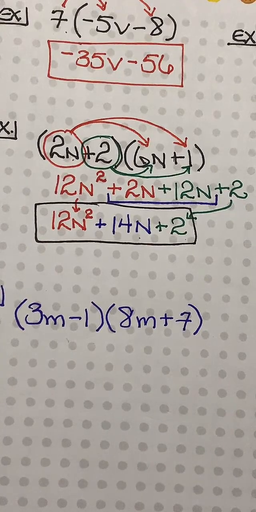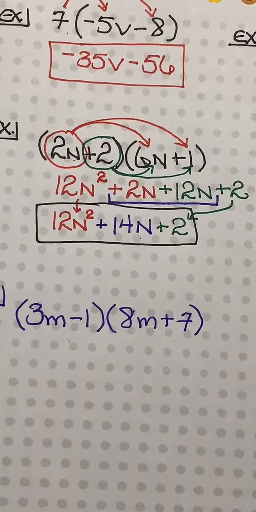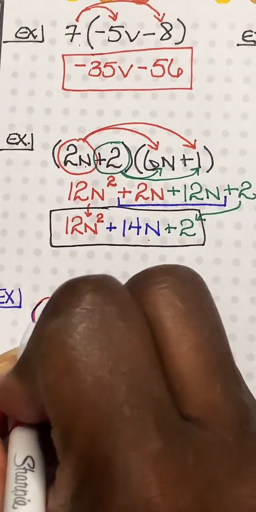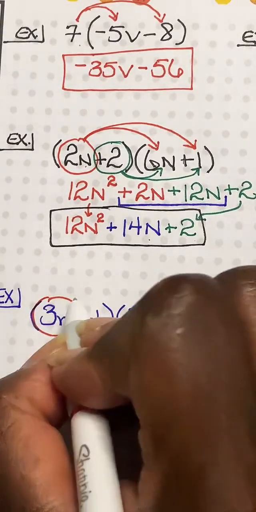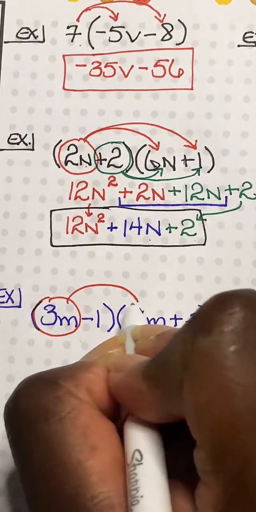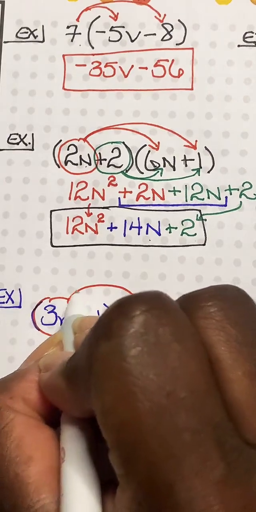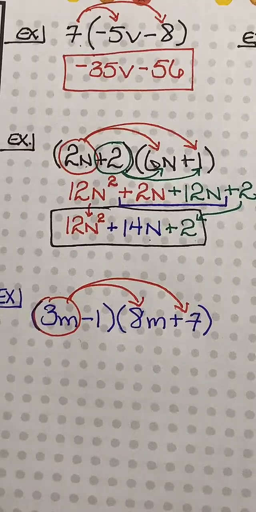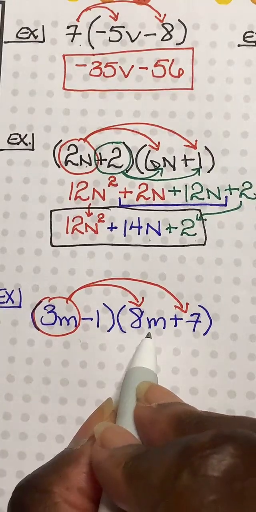Okay, let's take a look. So, first things first, 3m times 8m.